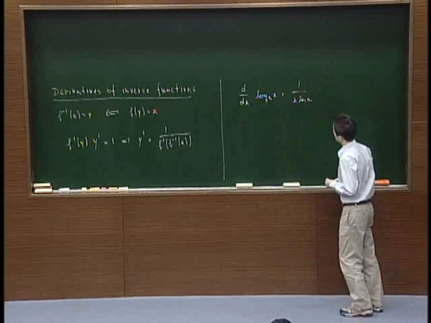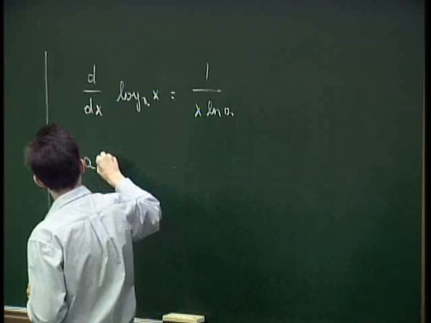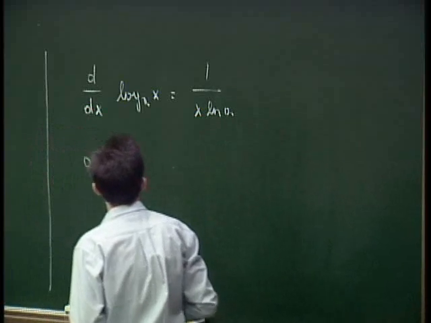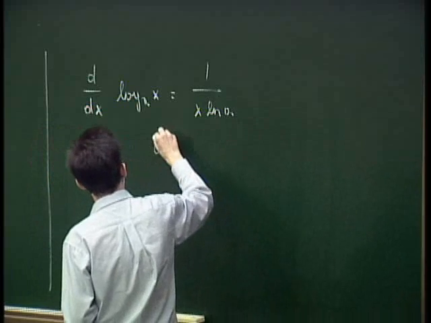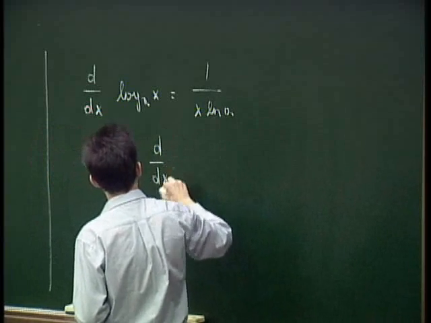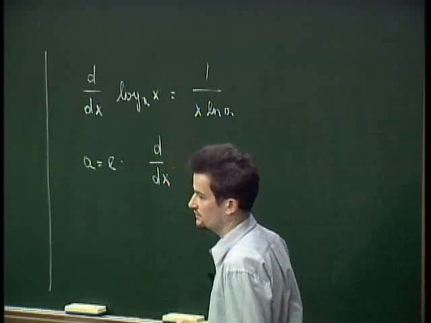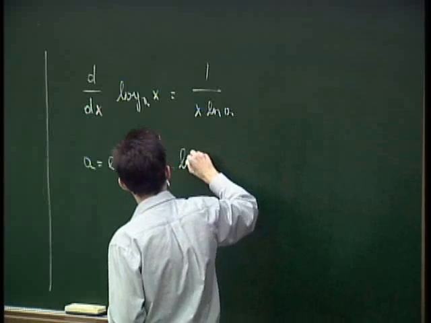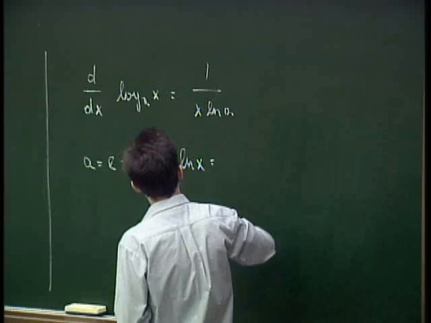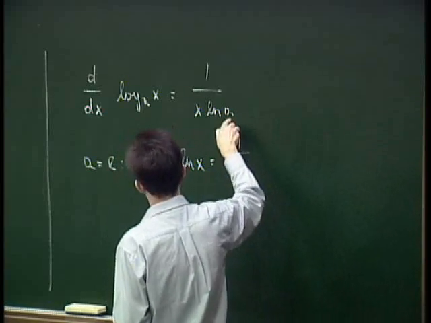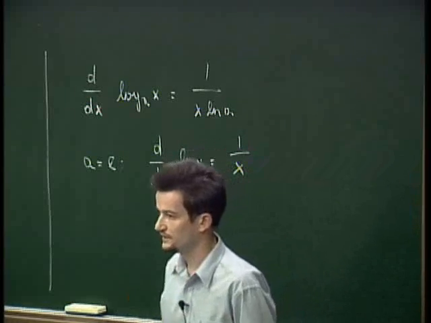So we see that in the special case where a is equal to the natural number e, the derivative of the corresponding logarithmic function is particularly easy. Namely, you have ln of x, and the derivative is just 1 over x, because ln e is equal to 1 by definition.